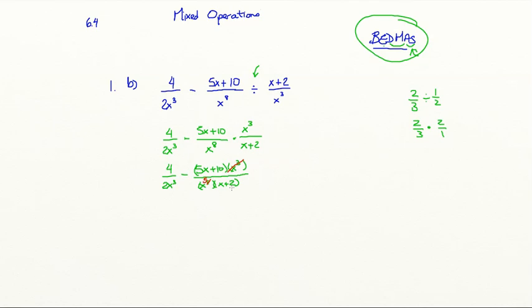I'm also noticing I have an x plus 2, and that's so similar to that 5x plus 10. I'm wondering if I can factor that 5x plus 10. I can factor out a 5, so it becomes 5 times x plus 2. Let's rewrite this.